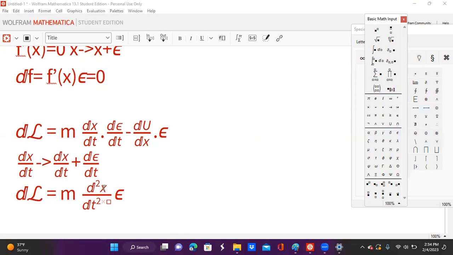Minus, plus the derivative with respect to time, m epsilon.